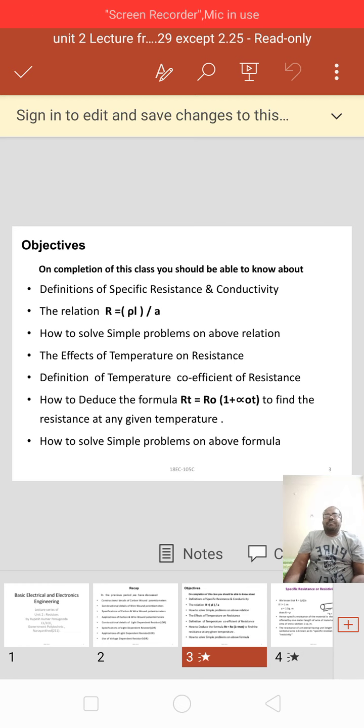Then the effect of temperature on resistance, the definition of temperature coefficient of resistance, the derivation of the formula R_T equal to R naught into 1 plus alpha naught into T, and simple problems on the above formula.